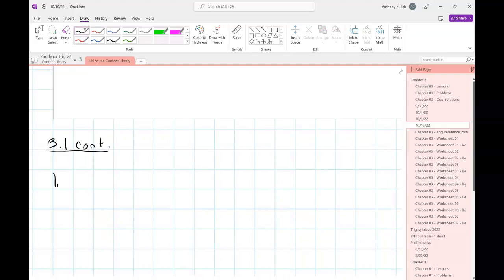And the idea here is that I'd like to go from information about the graph to the equation.